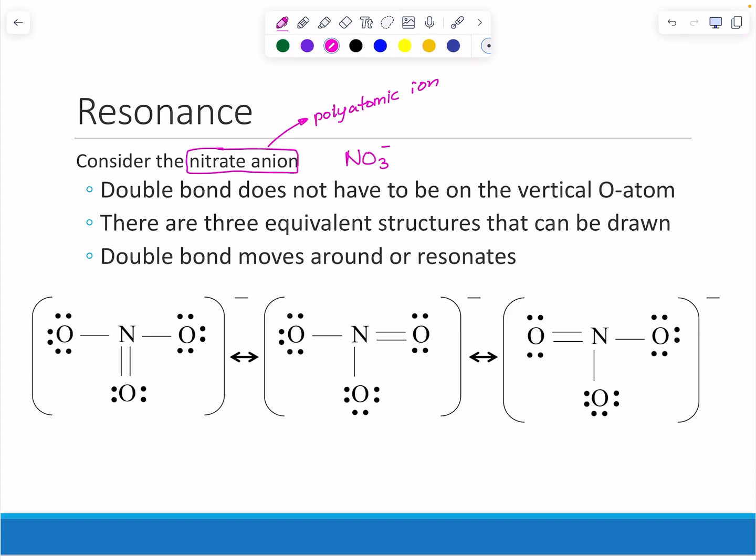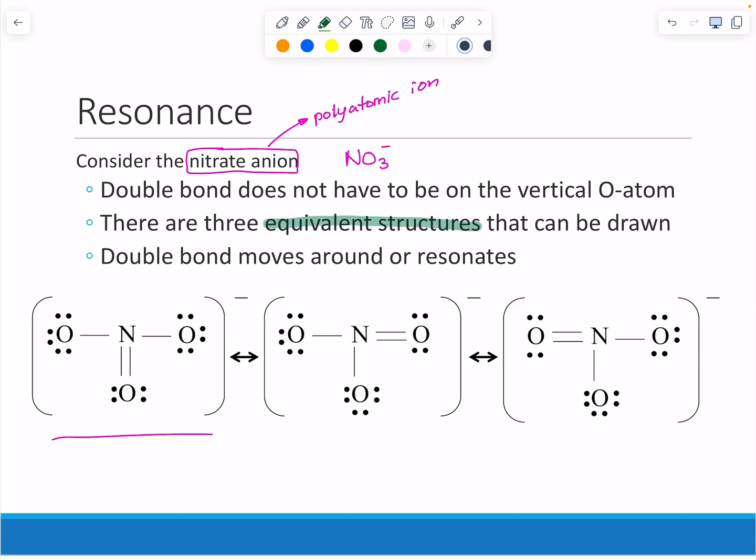But as far as the atoms are concerned, it doesn't matter which of those 3 oxygens that double bond is to. Our double bond doesn't have to be on this one. We have equivalent structures that you can draw.